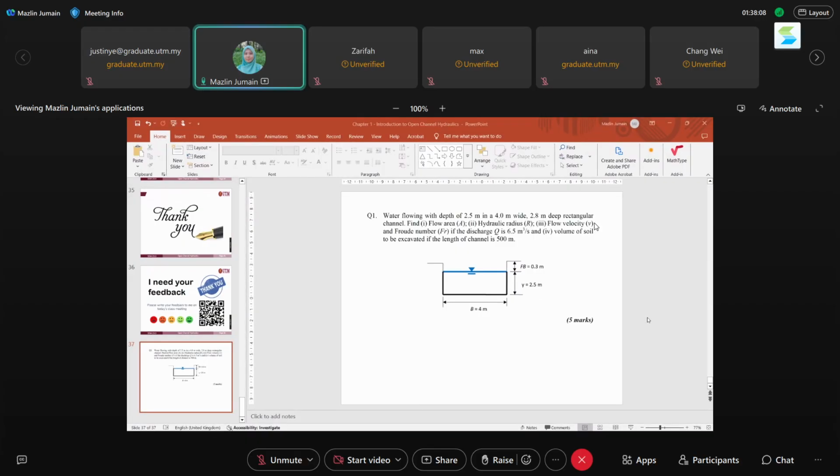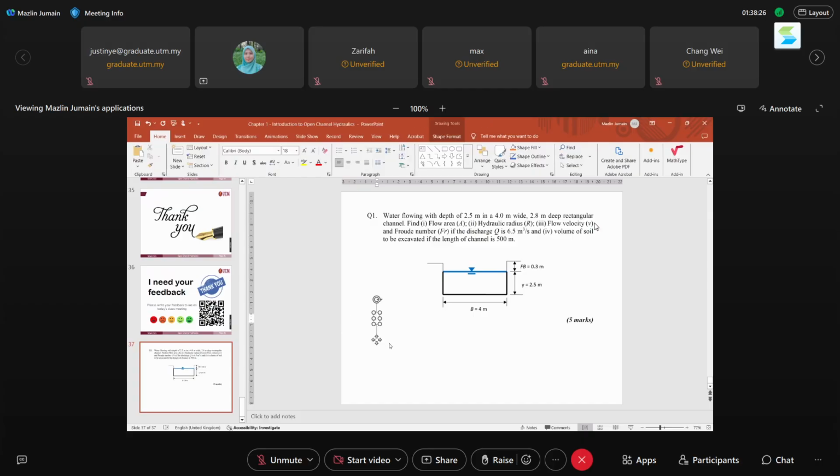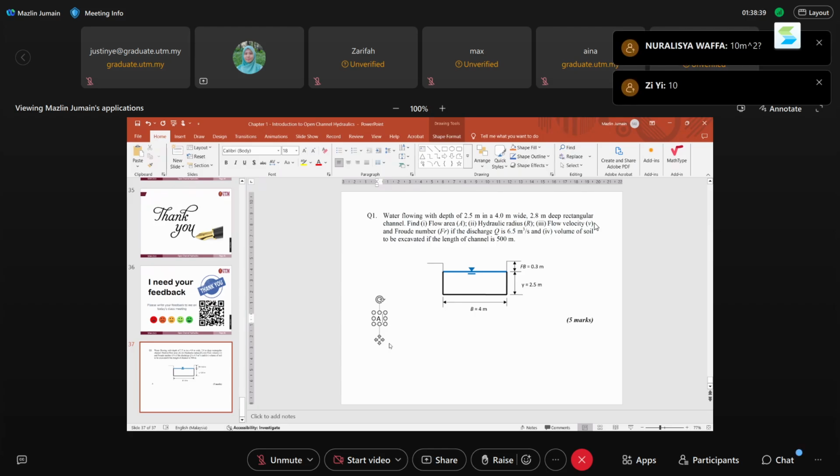Okay. So already familiar, right? So can someone share the answer? So what do you get for the A, the flow area? Okay, 10.